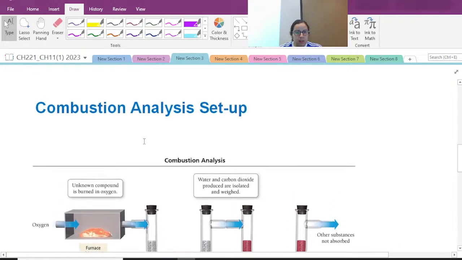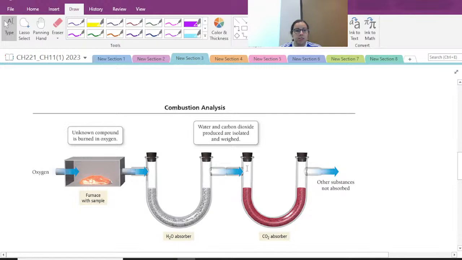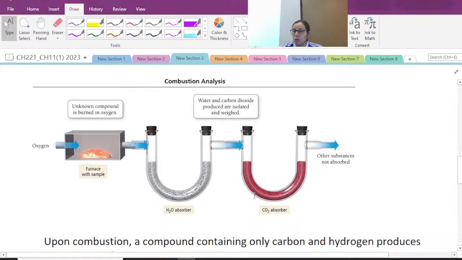And so I'm not sure how all the elemental analysis setups go, but at least in this case, right, basically in all cases there's a furnace where everything is burned in a very controlled manner. And then, of course, all those products are analyzed out. So in this case, there's a water absorber and a CO2 absorber. So personally, I don't know how they determine the percent of nitrogen, so I would have to look into that.